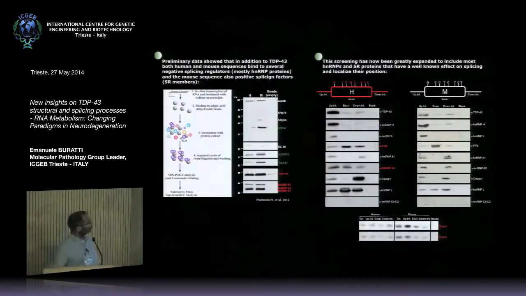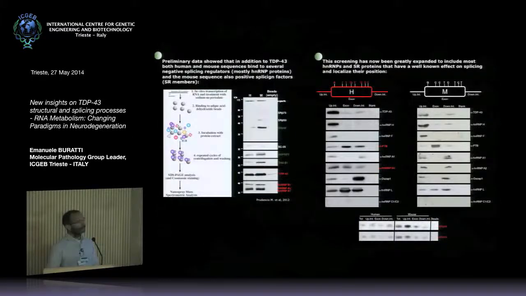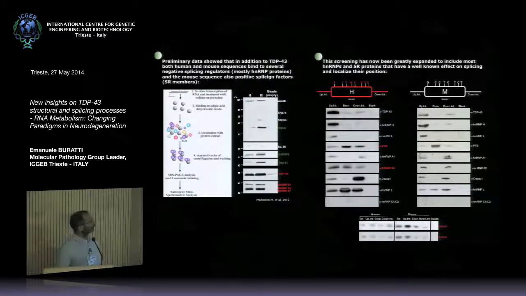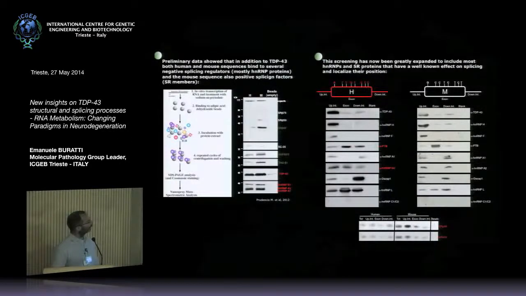And so what we have done with Fateme in the last few months or so is to actually look a bit closer, not just at which proteins are binding and which are not, but also where they are binding within the human and mouse context. We have extended the list of these proteins, and we have also looked at whether these proteins are binding to the upstream intron, the human or mouse exon, or the downstream intron.